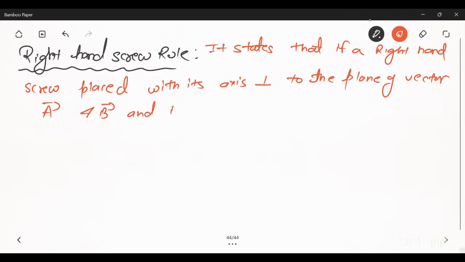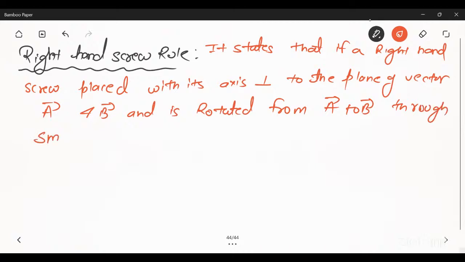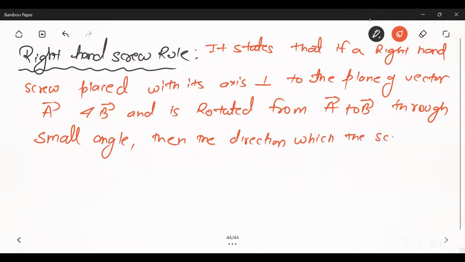and is rotated from A to B through a small angle, then the direction which the screw advances is the direction of A cross B. Okay.